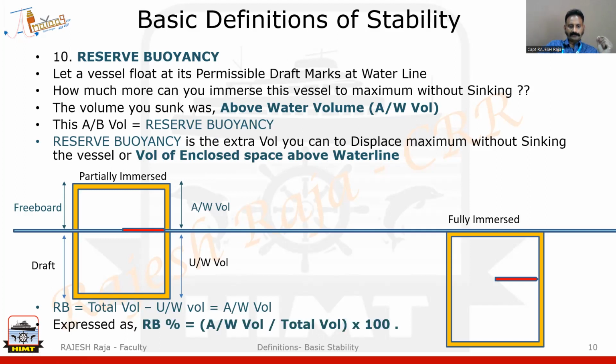How should I give a percentage? It is nothing but your above water volume divided by the total volume of the ship, and you just multiply by 100, and that gives you your RB in percentage. So this is how reserve buoyancy is expressed normally.